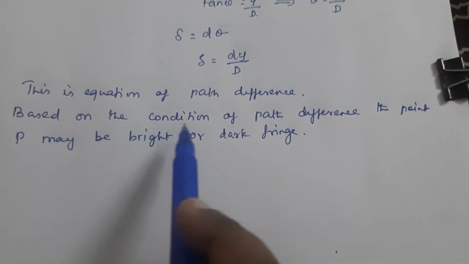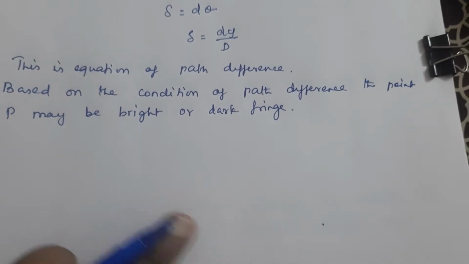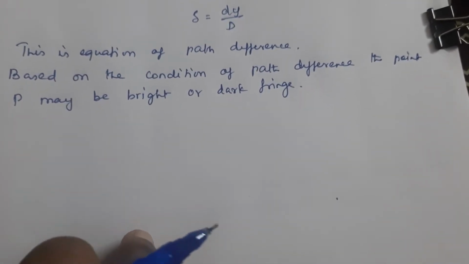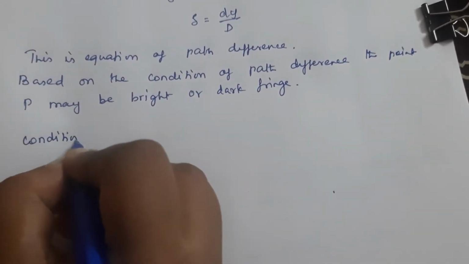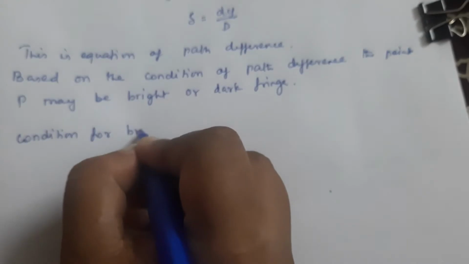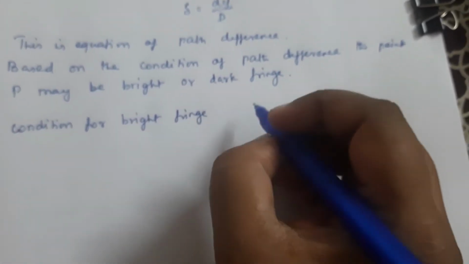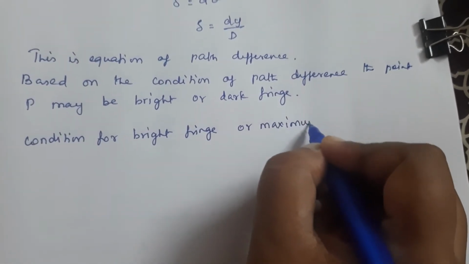Now based on the condition of path difference, the point P may be bright or dark. Now we will go one by one. That is, we will go for the condition for bright fringe, or you can say maximum intensity.